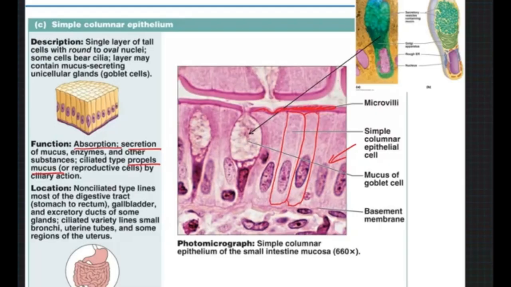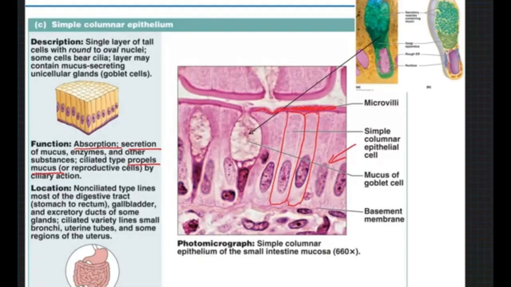Does that make sense? Now here's the clinical connection for you. If fallopian tubes become infected, they become inflamed. The proper cells will be destroyed and be replaced by scar tissue, which does not have cilia.